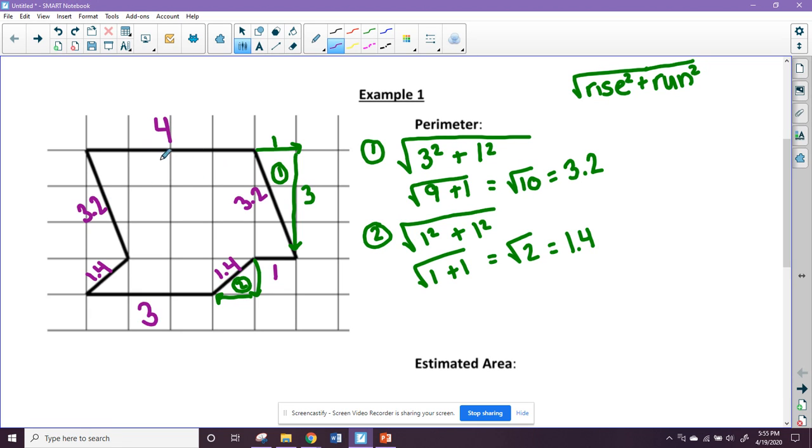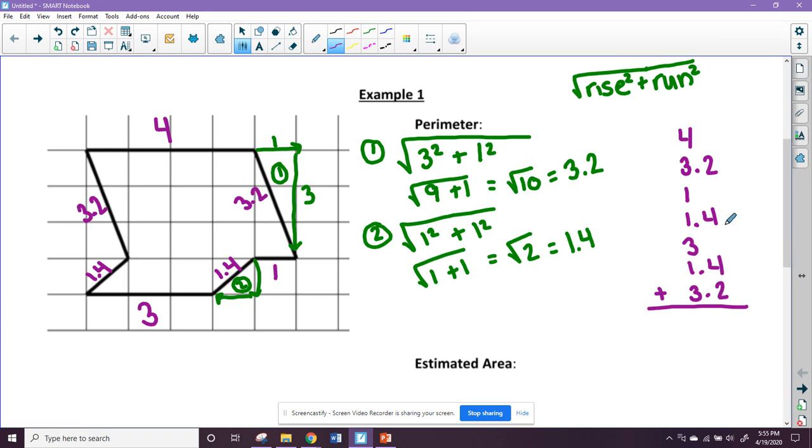So to find the perimeter, we're just going to add up all of our sides. So we're going to add up 4, 3.2, 1, 1.4, 3, 1.4, and 3.2. Add it.